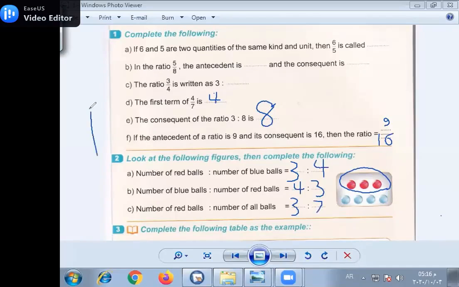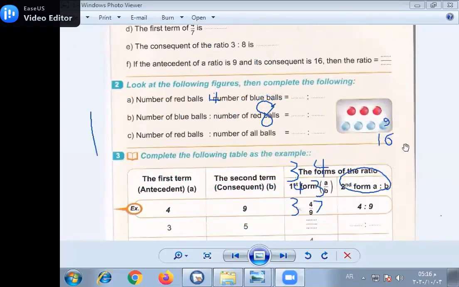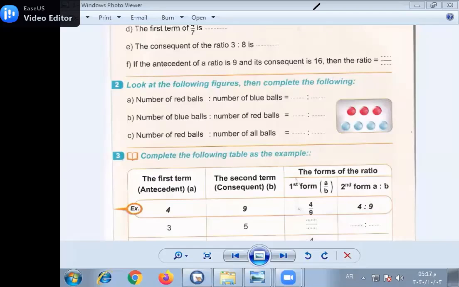Next question. We will complete the following table, and we have one example here. The first term of the ratio we call the antecedent, the second term we call the consequent, and we said before that we write the ratio in two forms.